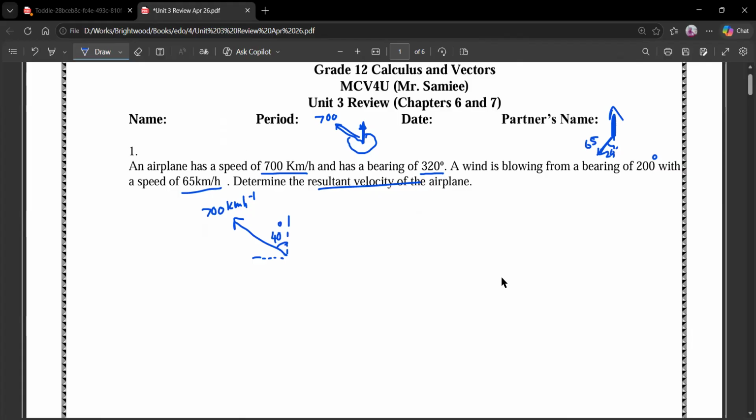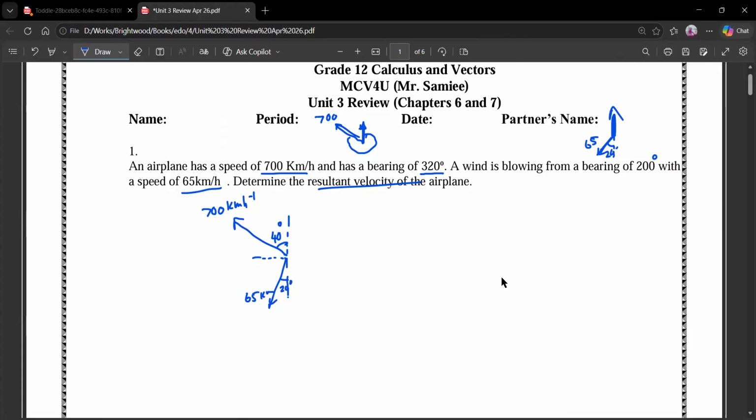Next is 200 degrees, that means 20 degrees from here, and it's only 65 kilometers per hour.